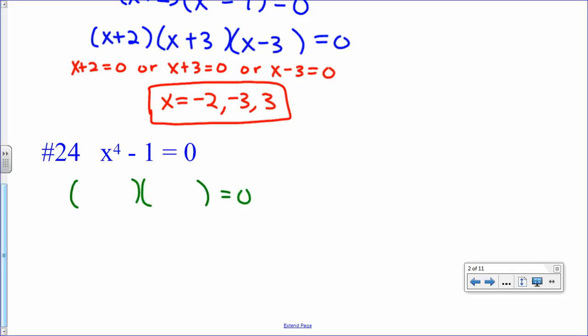What is the square root of x to the 4th? X squared. Good. Okay. And the square root of 1. 1, so then 1 is plus, 1 is minus. Okay. X squared minus 1 could factor more as difference of squares, so you could do that if you want.